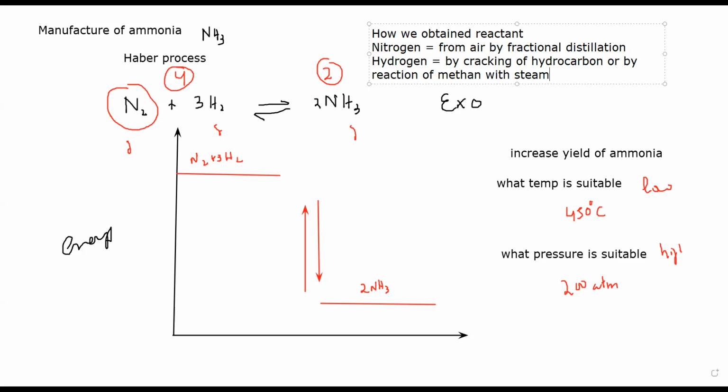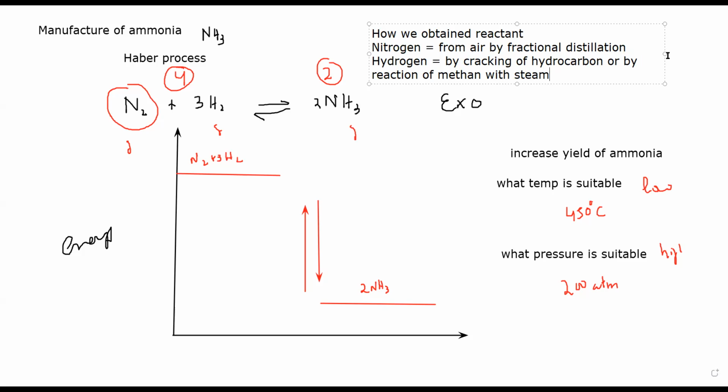Sorry, electrolysis does not produce large scale hydrogen. So if you need a greater amount of hydrogen, we use cracking.